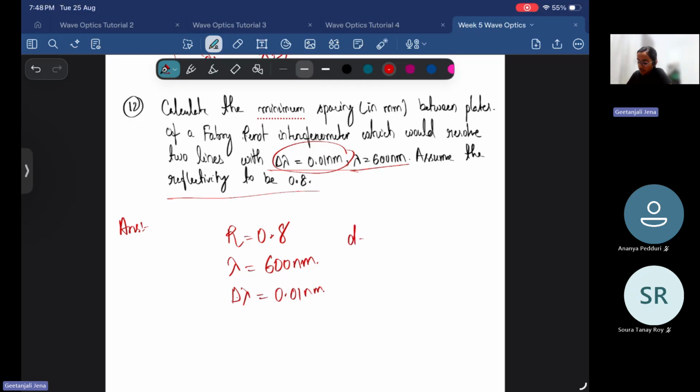So what is d? Calculate it first and let me know the answer.